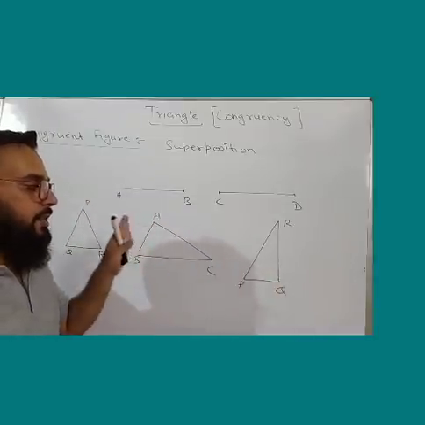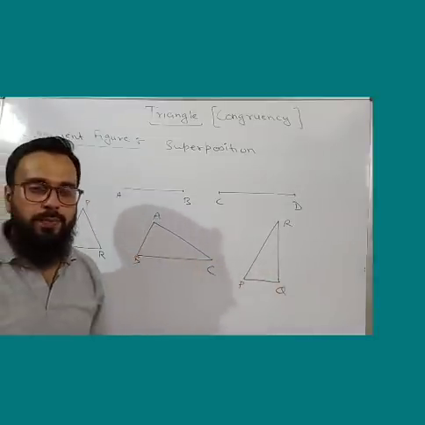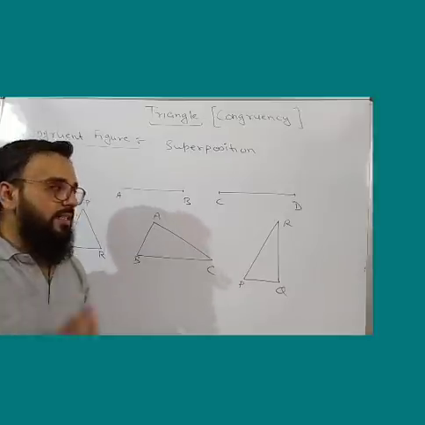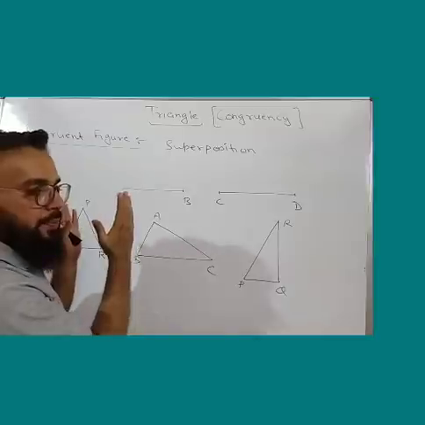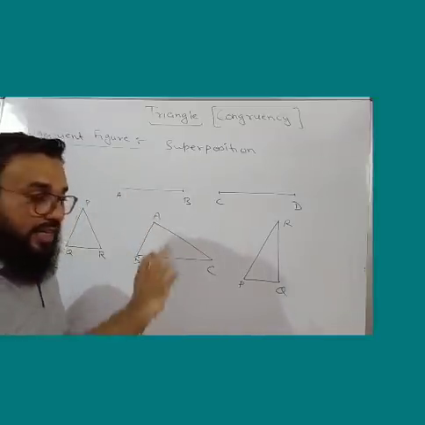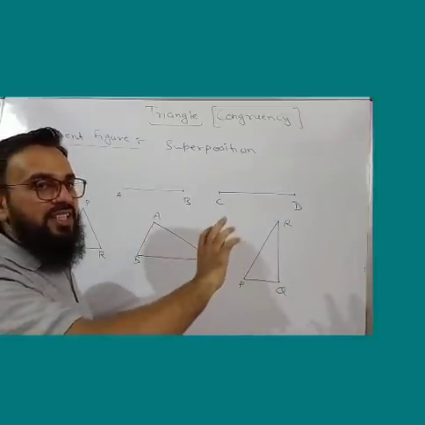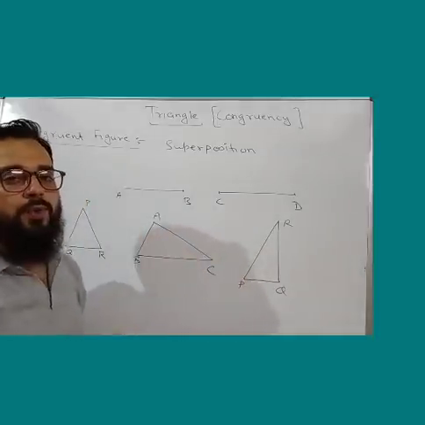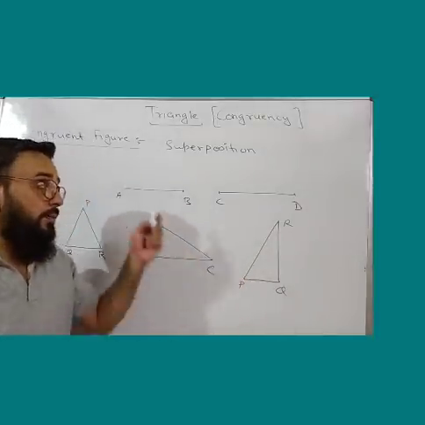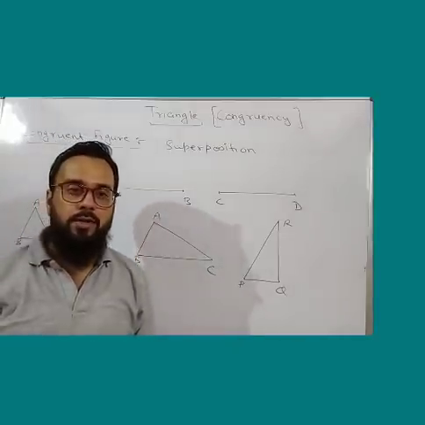This triangle can superimpose the triangle ABC also. So it is not necessary that we take one figure as it is and put it on another figure. We can rotate it, we can change the direction, we can do anything, but both the figures should superimpose on each other.